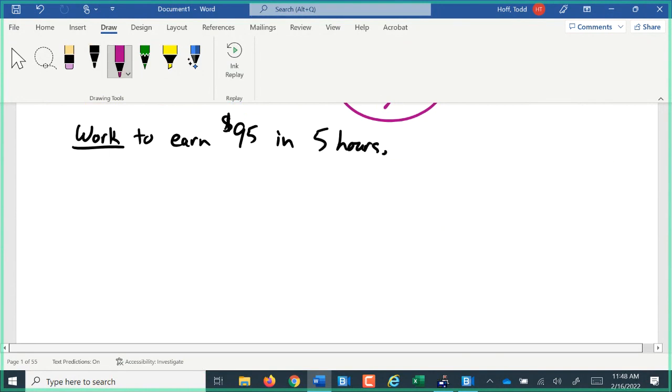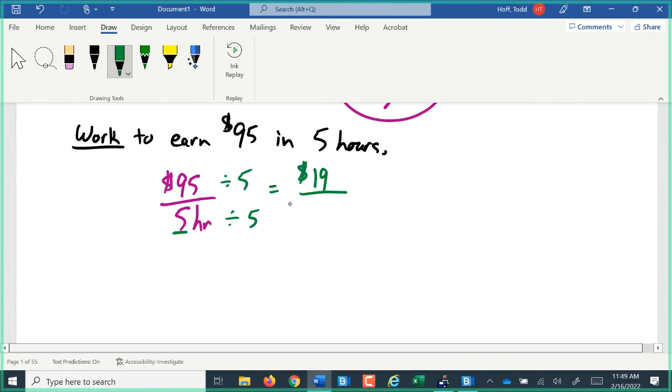Your rate of earnings is simply $95 in 5 hours, like that. But remember, we like to have our rates as unit rates. So we'll convert that to a unit rate by dividing by the numerical part of that second number, which is the 5. So $95 divided by 5 is $19.